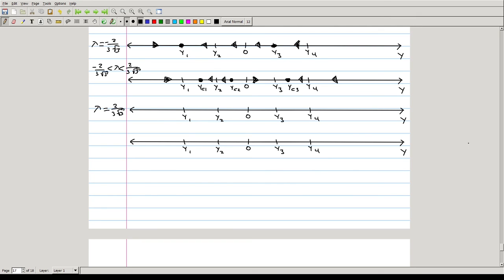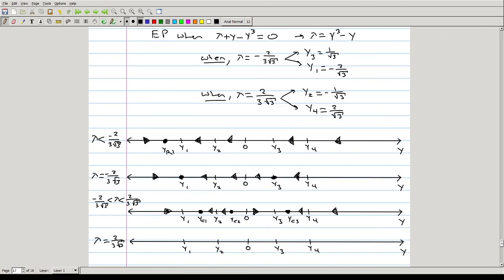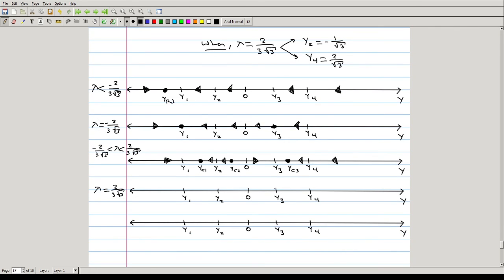In which case, as we saw before, and it's easy to go through and check this, when lambda equals 2 over 3 root 3, we have two roots, y2 and y4. So we'll have two critical points, two equilibrium points, where when we're less than y2, the solution is increasing. When we're greater than y2, the solution is also increasing.